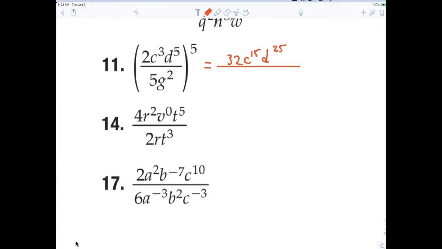Double check me on that, guys. 5 to the 5th. Double check me. I think I'm right. If you're wrong, I'm gonna laugh. When have you done this wrong?